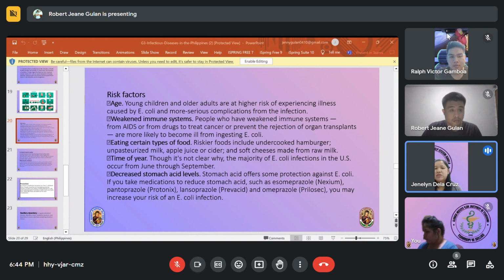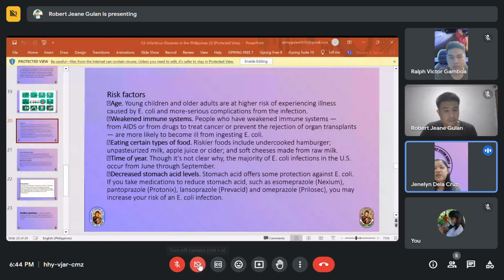So yung mga mababang immune system na mga tao, madali lang silang ma-infect.